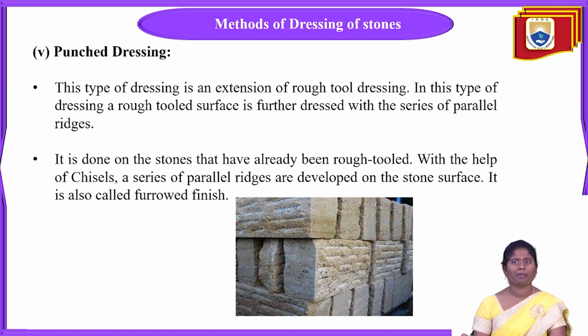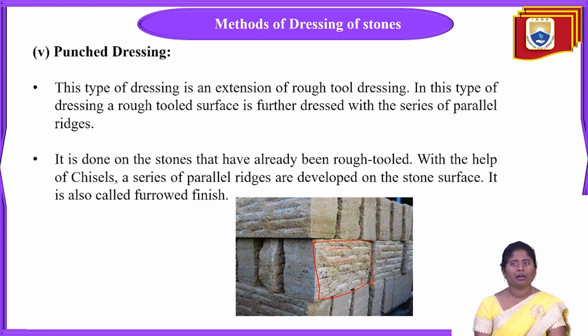Here you can see the picture of that dressing process. Overall the rock is square shape. On that one also grooves or ridges will be there on the stone. That is nothing but the punched dressing.